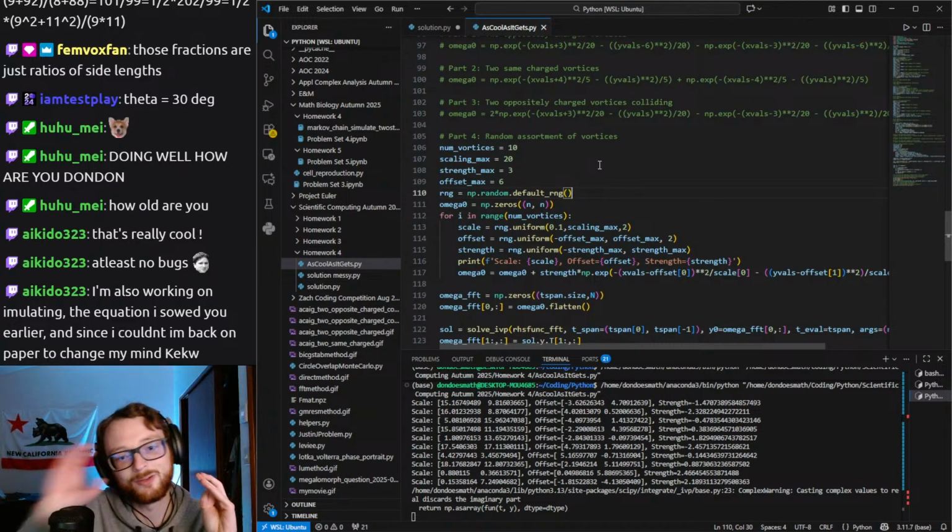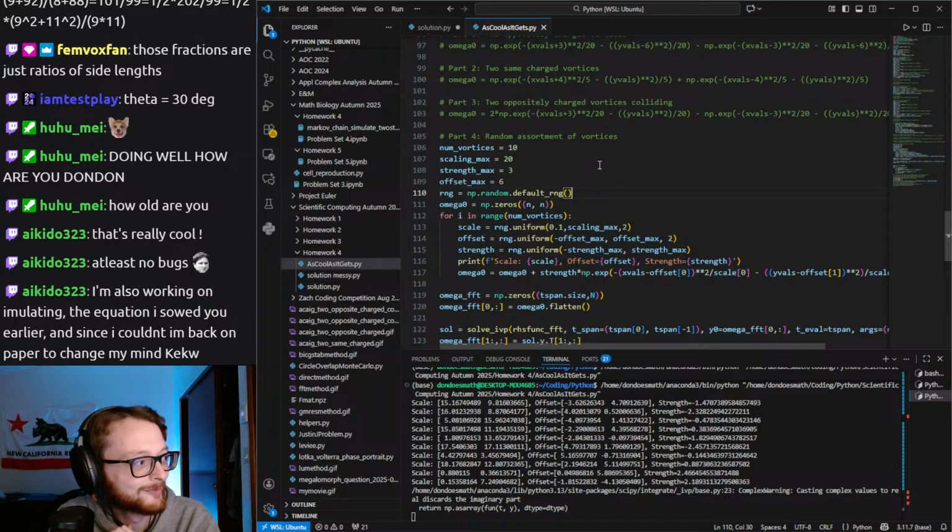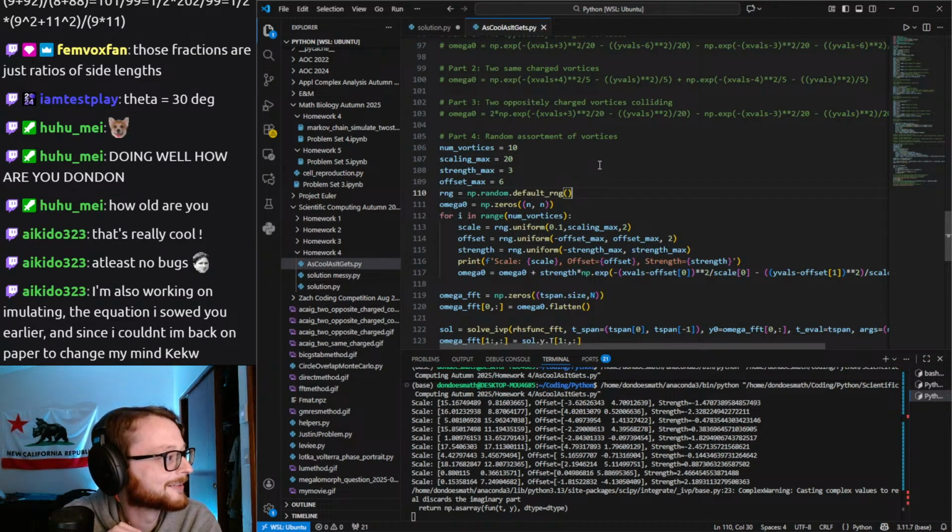I feel like my domain is going to be way too small for 10 vortices, but let's see what happens. It's still simulating. It's working.